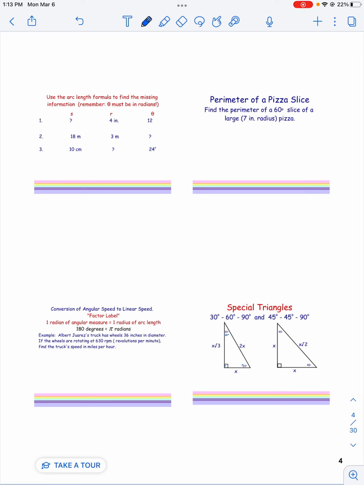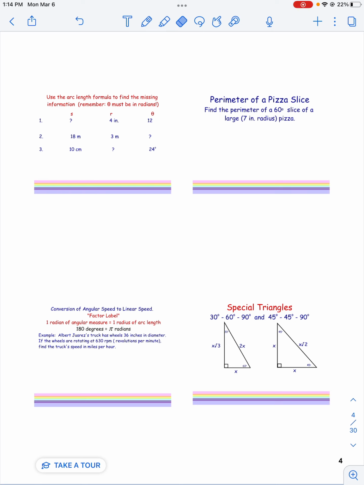The side opposite 30, the x, is going to be the shortest. The side opposite 60, x square root of 3, is the middle length, and the side opposite the 90, 2x, is always the longest. Those ratios always hold in every 30, 60, 90 triangle, no matter what the shortest leg, longest leg, or hypotenuse is. All right, so let's get started.